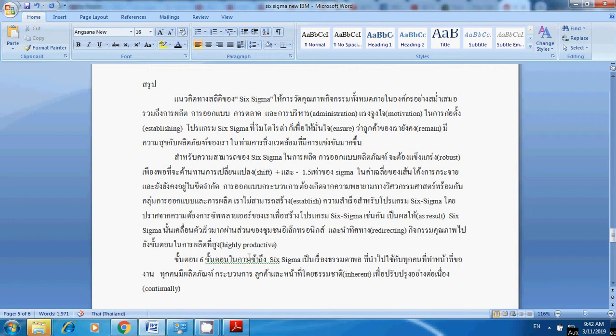The 6 steps to achieve Six Sigma are normal enough that they can be used by everybody doing their job. Everybody has a product, process, customer, and inherent job to continually develop.